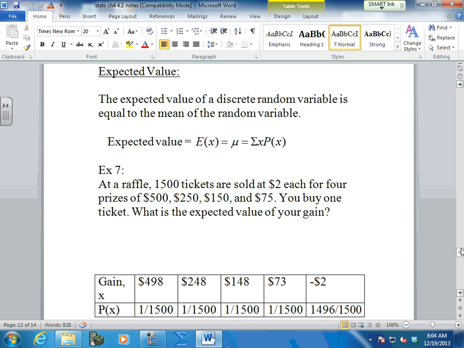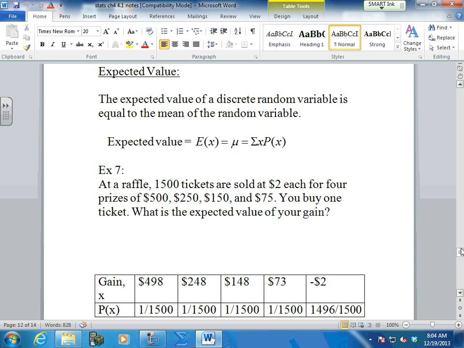It's basically, what does this cost me? What do I get back in the long run? Like if you buy a lottery ticket every week, you might end up paying more than you get back when you finally win. So you want to figure out what your expected value is going to be.